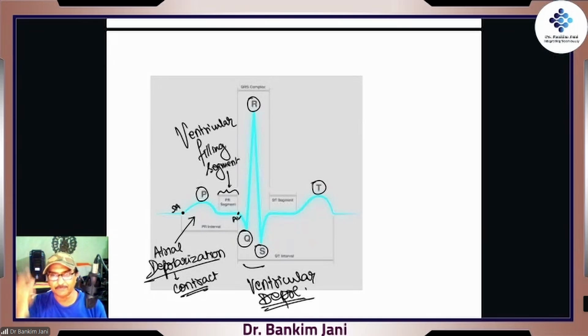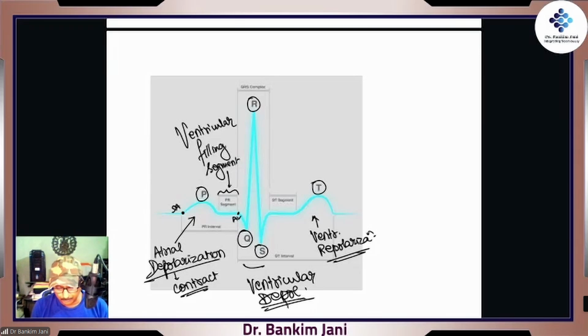Correct? And then the ventricles contract. And when they contract, when the current goes, yes, this is the wave which is happening. And then the ventricular repolarization, when the ventricles relax. Right? So where is atrial repolarization?